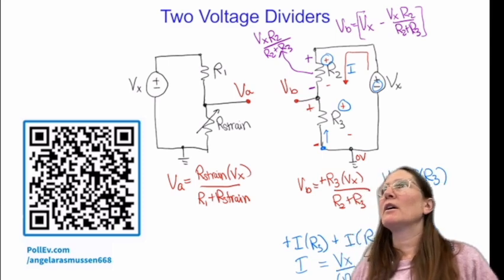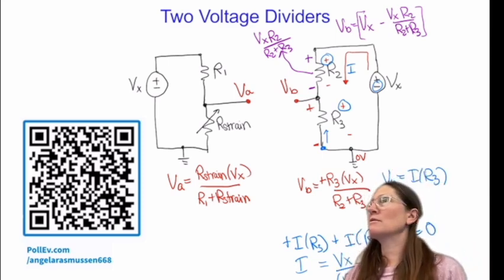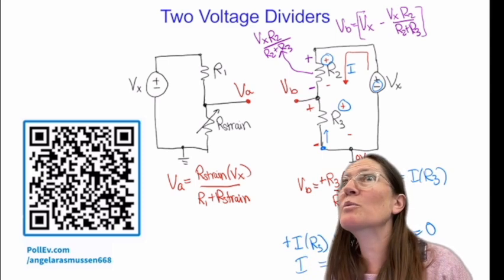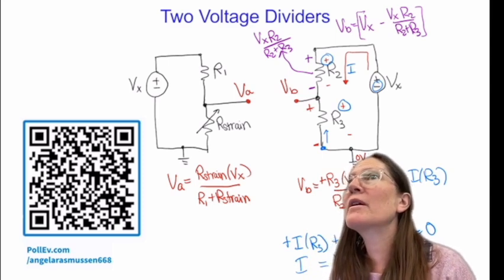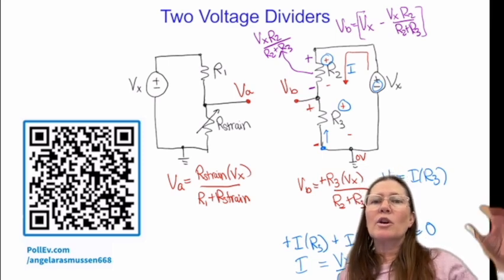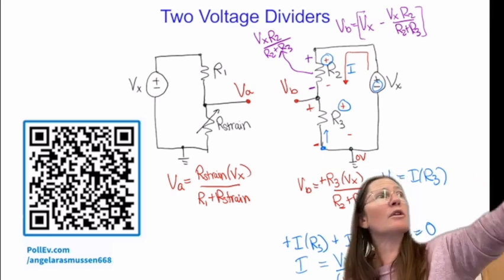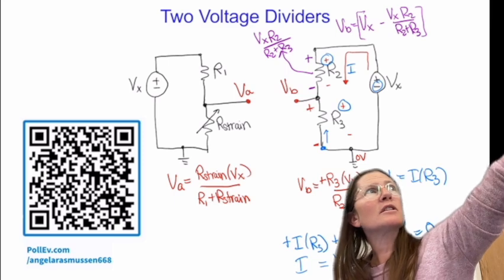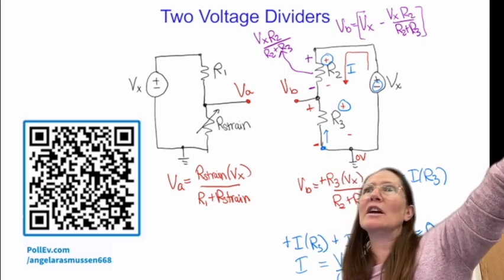Okay. Other questions? Yes. So it's only through R3 because of VB, because of the wire. It's where the 0 volts is. So because you're comparing it to where that 0 volts is, where VB is, correct, yes.